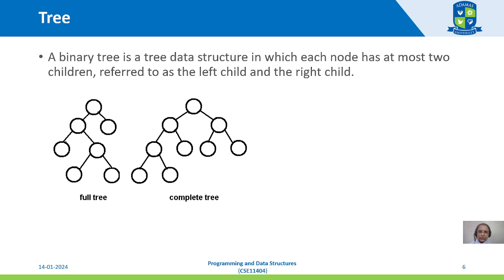A binary tree can also have a single child node of a root, but then it will not be called a complete or full binary tree. Full binary tree means when we have both the children with the root node.